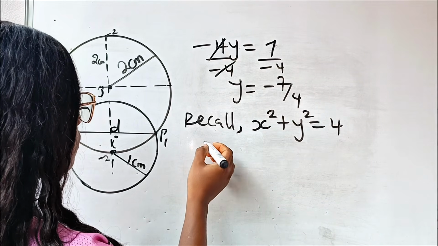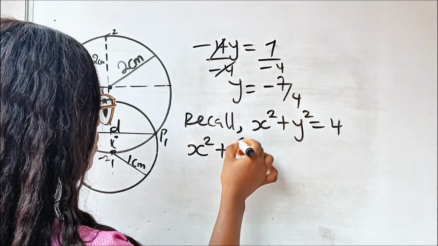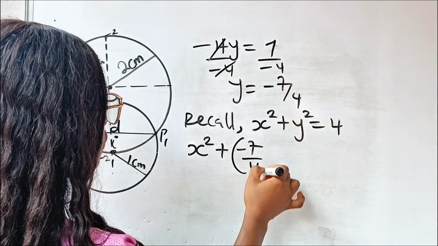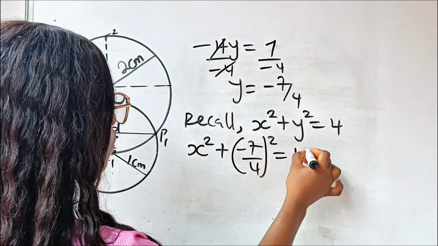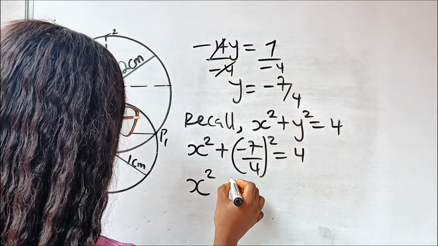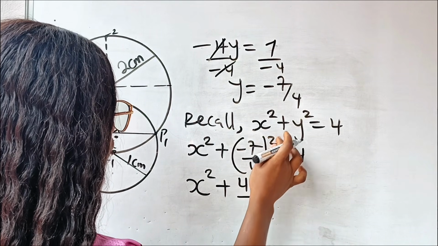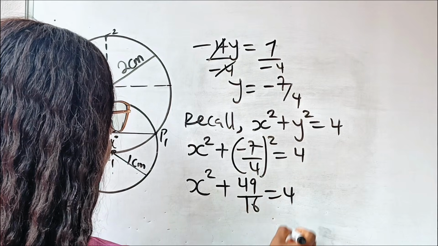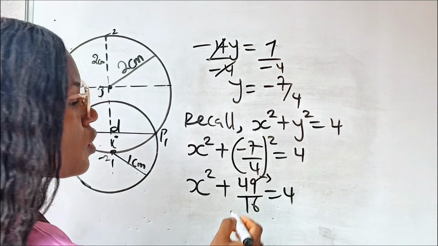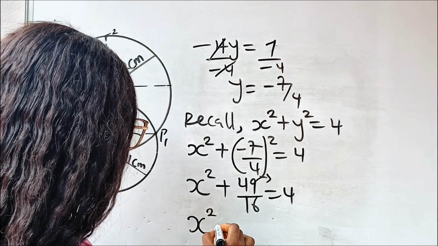So after cleaning the board, now we are going to substitute y as minus 7 over 4. So x squared plus minus 7 over 4 squared is equal to 4. So we have x squared plus 49 over 16 is equal to 4, since minus 7 squared is 49 and 4 squared is 16. Now let's transpose.